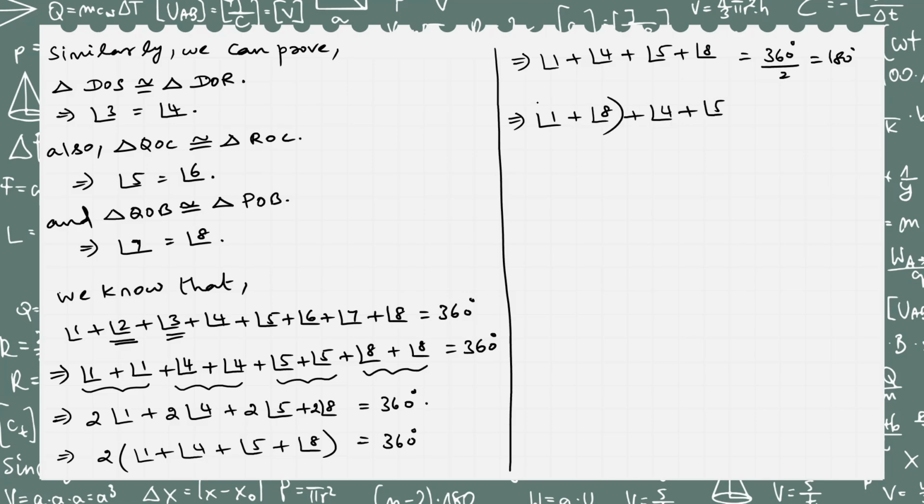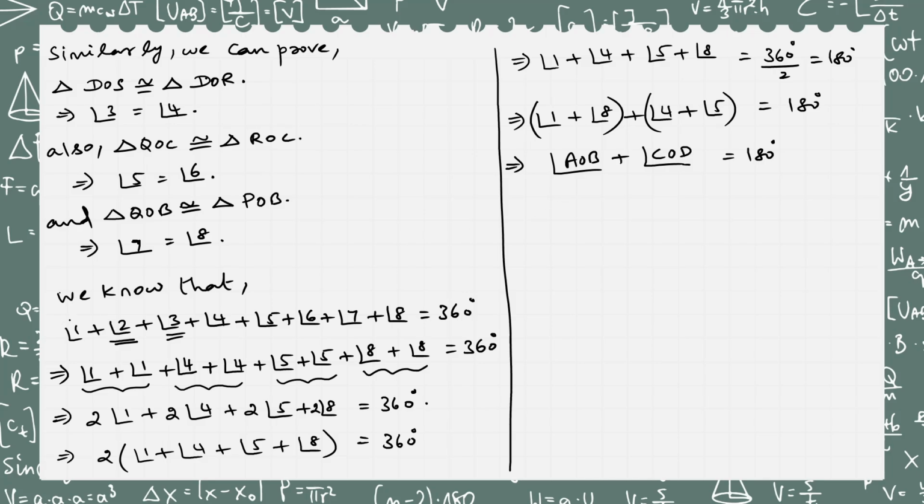I am going to group these two together and these two together. Their total is already 180 degree, and 1 plus 8 is nothing but angle AOB, as we have discussed a little ago. And angle 4 plus angle 5 is angle COD. Their total is 180. So same way we have to prove the sum of BOC and AOD angles equal to 180 degree. How can we prove that?